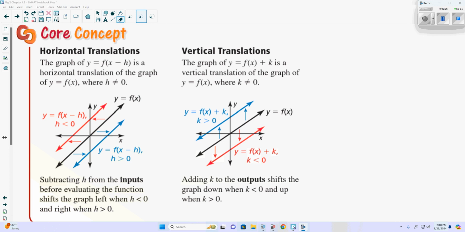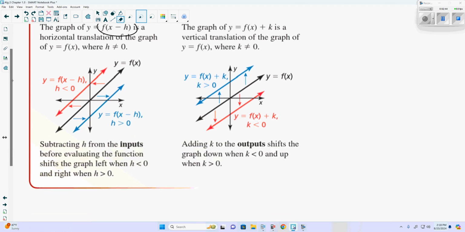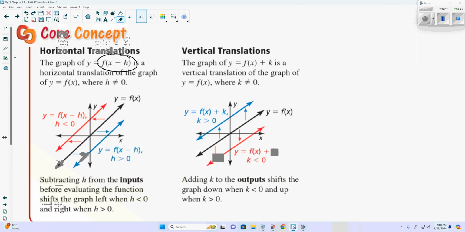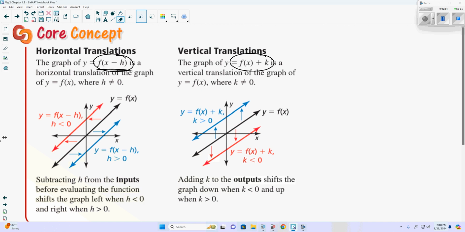Now, the key thing for horizontal translation is this equation here, f of x minus h. We'll be using this to apply our horizontal translation, the movement to the left or right, because by subtracting h from the inputs before evaluating the function, it shifts it that far. The main thing for vertical translation is this: the graph of y equals f of x plus k is the vertical translation of the graph of y equals f of x.